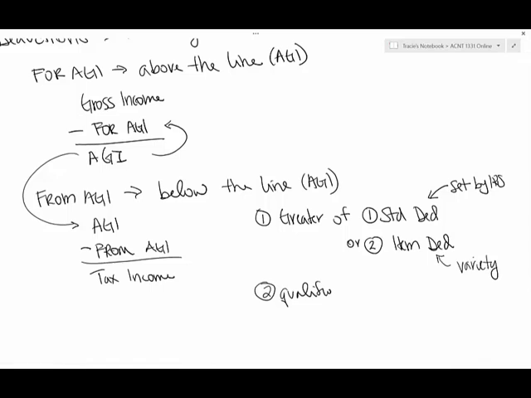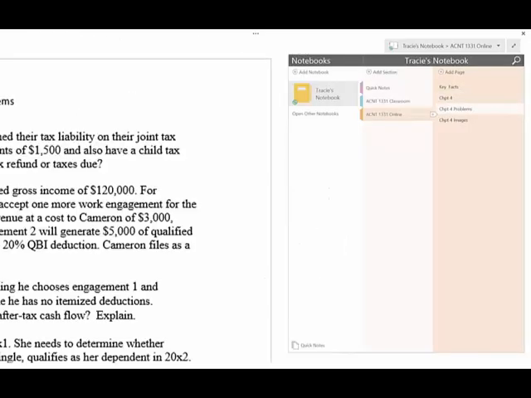It is a deduction that allows the taxpayer to take a deduction that's equal to 20% of their qualified business income. We will talk later about what is determined as qualified business income. Right now, all you need to recognize is that this is a deduction from AGI, and it's going to be equal to 20% of qualified business income. Okay, let's look at the second problem to take a look at this new deduction.